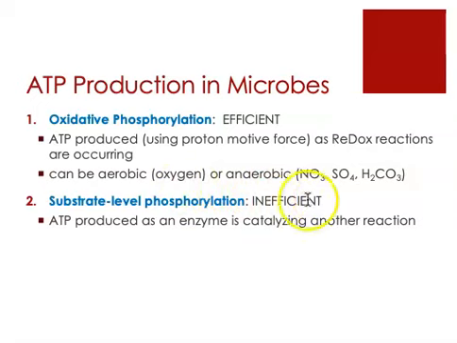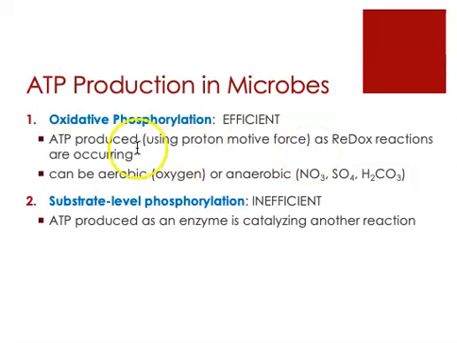Other microbes are going to use things like nitrate or sulfate or carbonate as their final electron acceptor molecule. Aerobic and anaerobic oxidative phosphorylation. We're going to leave this whole big complicated bit of information for today. We'll talk about that next time.